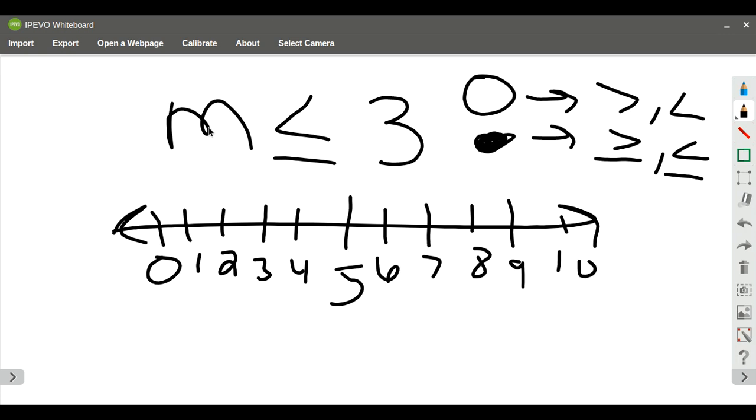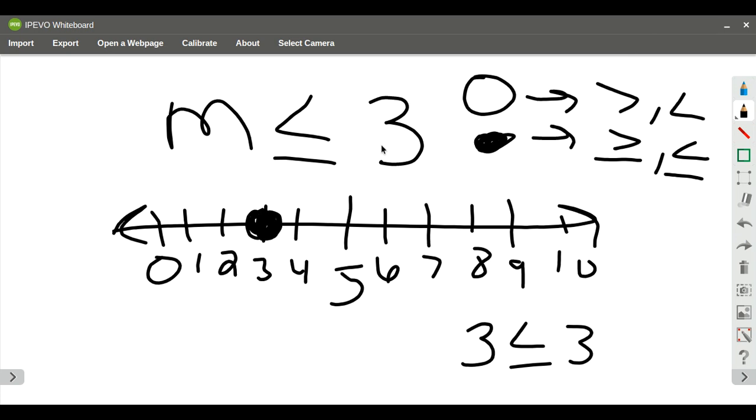Because I have the line under the symbol, which tells me it's equal to, I'm going to draw and shade in my circle. That clearly shows that 3 can be a value, because if I write 3 as a value, is 3 less than or equal to 3? Yes, it is. So 3 is a solution.